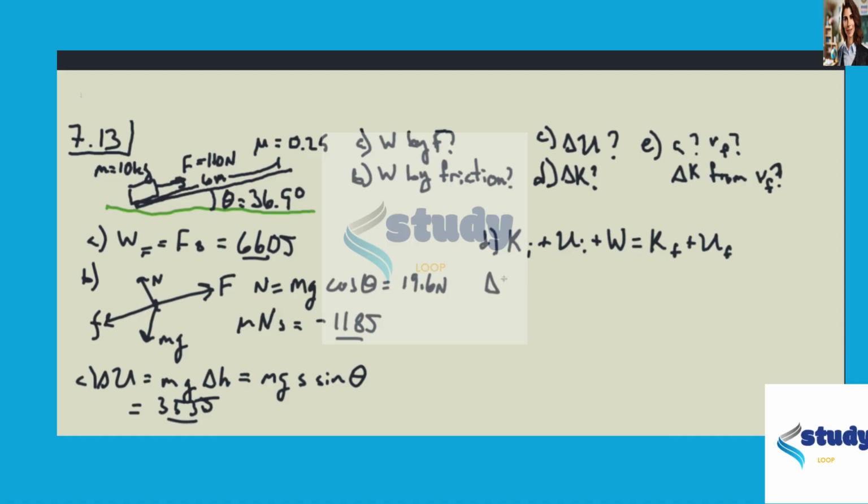So delta K equals K final minus K initial.